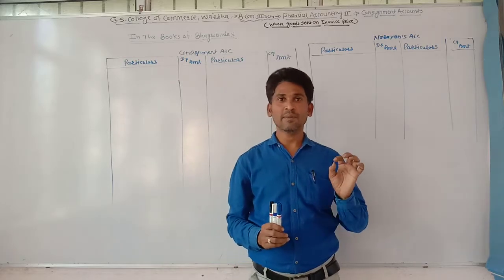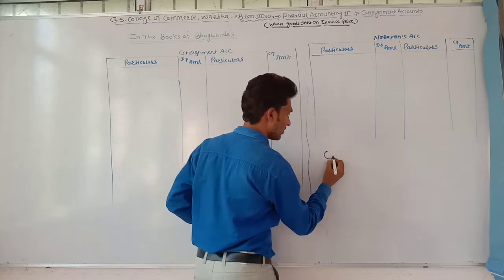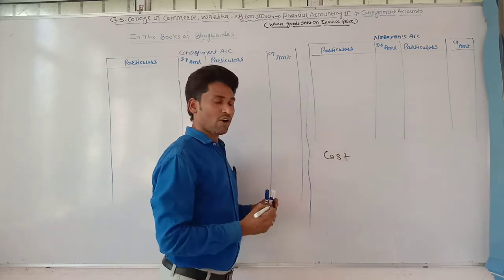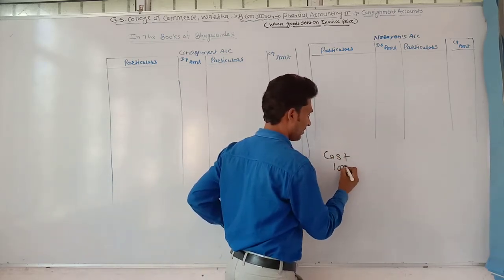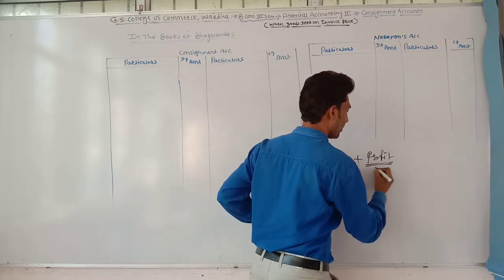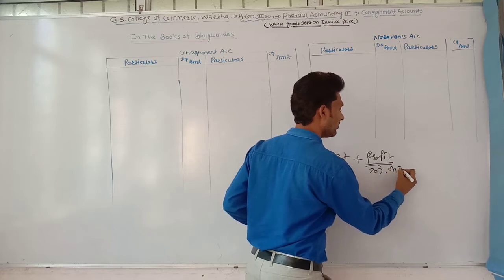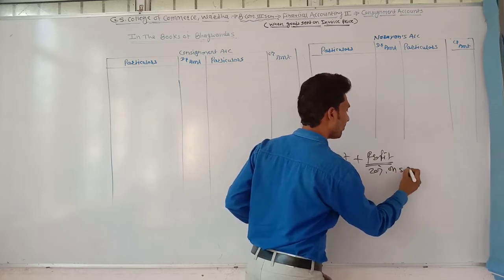It means if the cost price is rupees 100, it charges profit 20%, but this 20% is on the selling price.